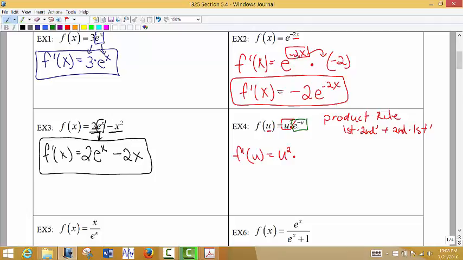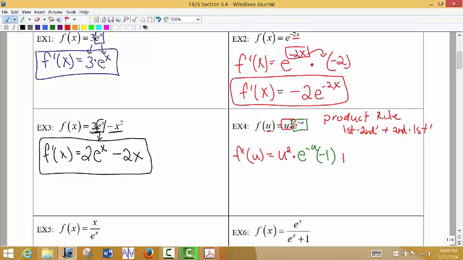So that's not just e to the x power or e to the u power, that's e to the negative u power. So it has a power other than just u or x. So the derivative of that would be copied down exactly as we see, e to the negative u power. Remember, that's the first step. But the next step in taking that derivative would be to multiply by the derivative of that exponent. Well, the derivative of negative u would just be negative 1. All right, so there's the derivative of the second.